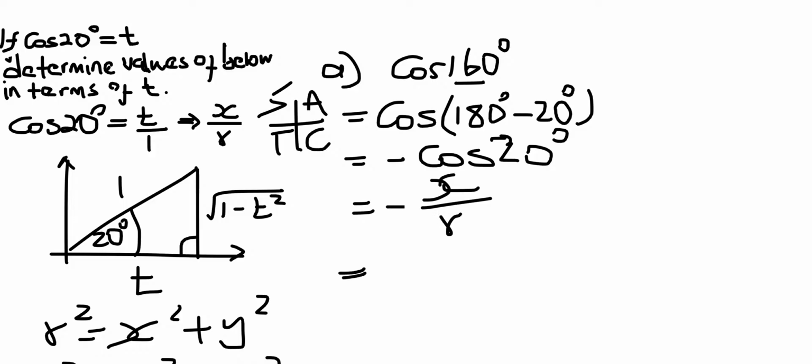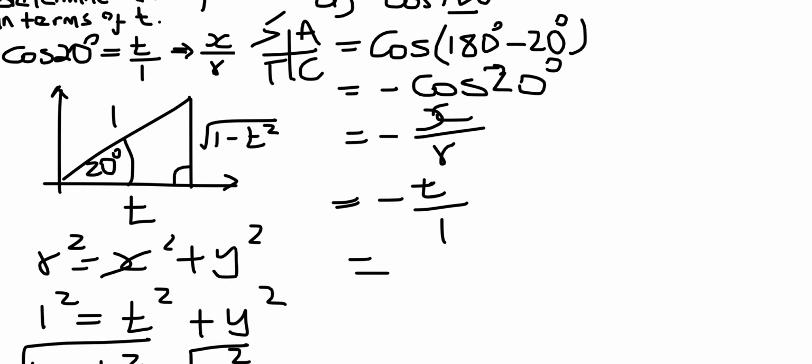So what is x? You still have your negative. X is t, and r is 1. So that means actually the final answer would be negative t there. That negative, I'm sure you remember where it comes from, in that quadrant where cos is negative.